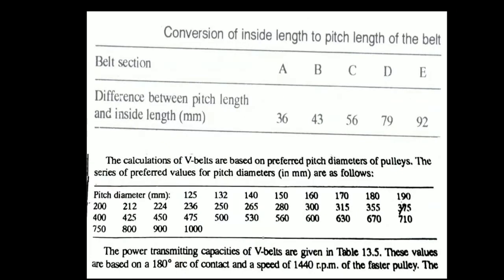Next, the conversion of inside length to pitch length of the belt. Here I need to explain. See, this is a V belt, correct? While considering the length, we have to consider this much length directly. Now we have not considered this inside length, Li, we can say.